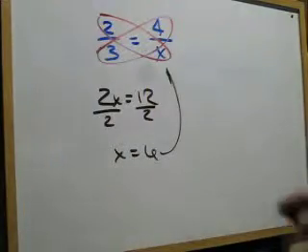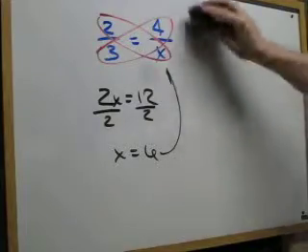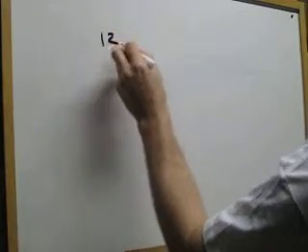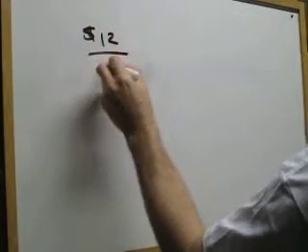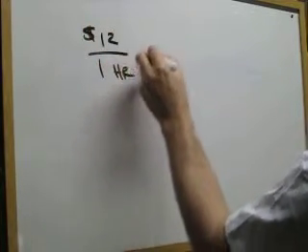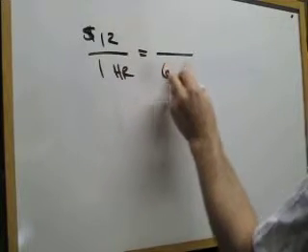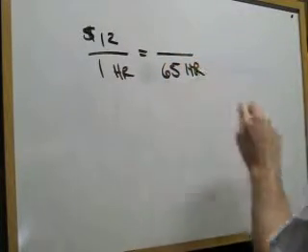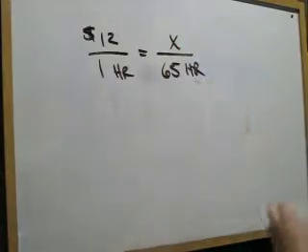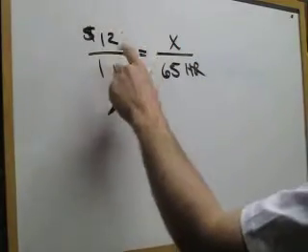And there are some real life situations that you'll use this in. Let me just give you a real quick example. Let's say that you make $12 per hour, and you want to figure out how much money you're going to make in 65 hours. So this is what you're looking for, x. The ratio is the same.